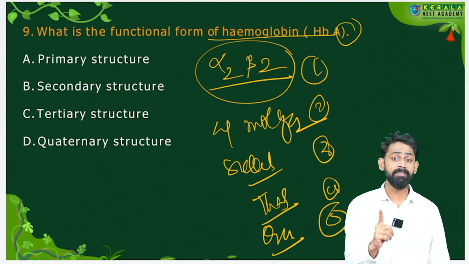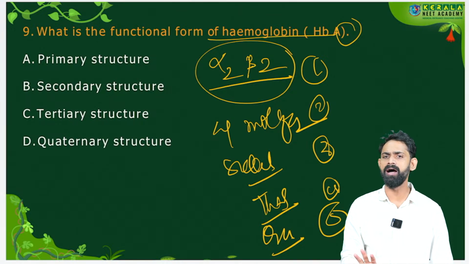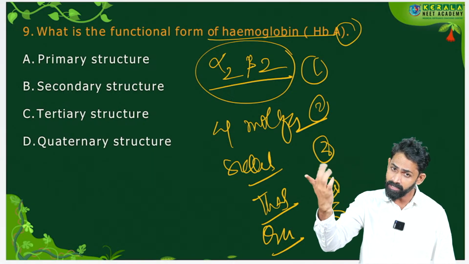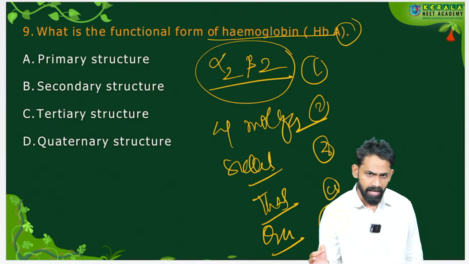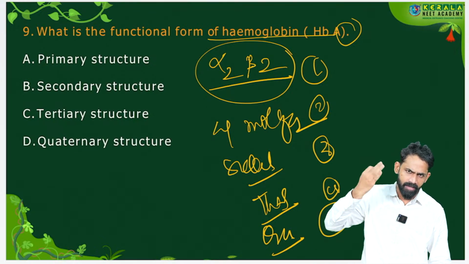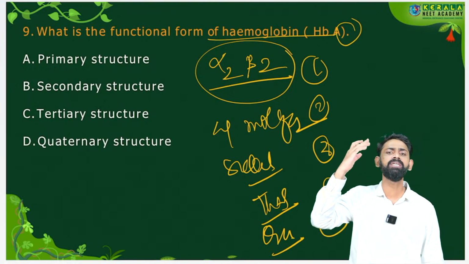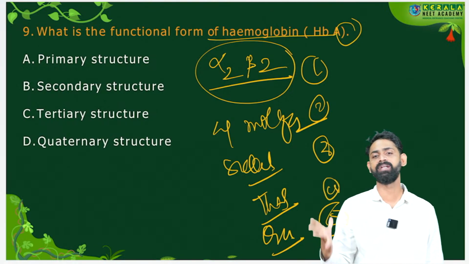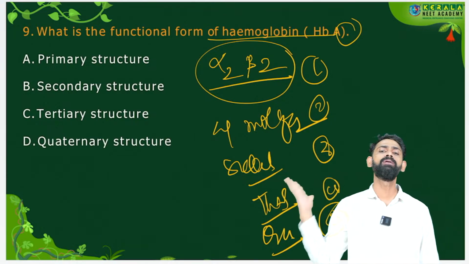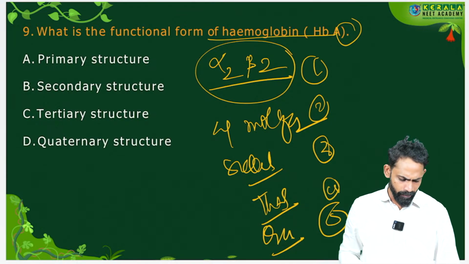Next, thalassemia is also an anemia, but sickle cell anemia is qualitative and thalassemia is quantitative. In our syllabus, the only example of quaternary structure which is a functional form of the protein is hemoglobin. There are certain other proteins, but the one mentioned is hemoglobin. So I am going for this question.